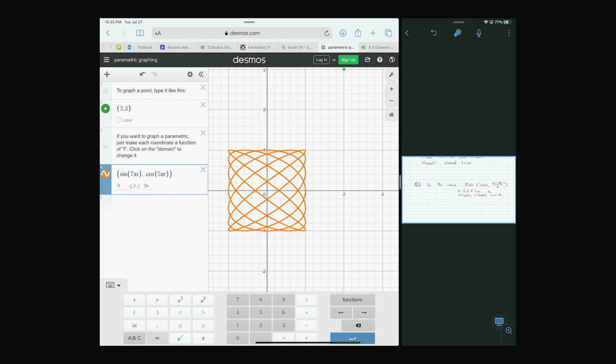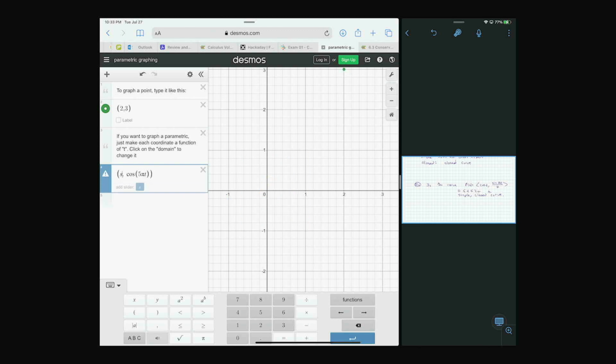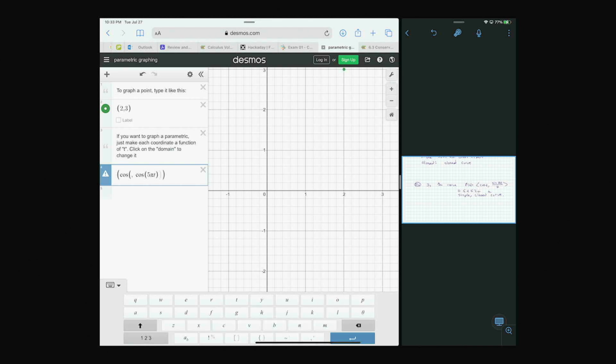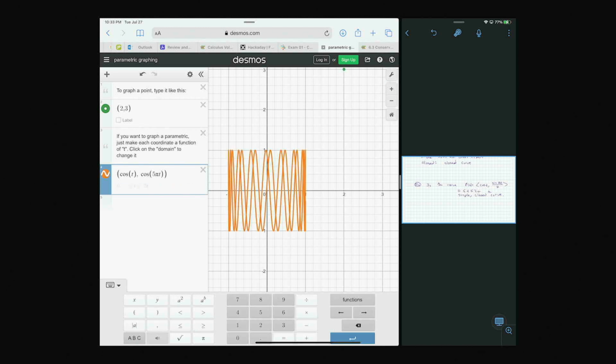So if I go here, we're starting out with cosine t, functions, cosine t. Can I get a t? T, close parentheses. Okay, did it.